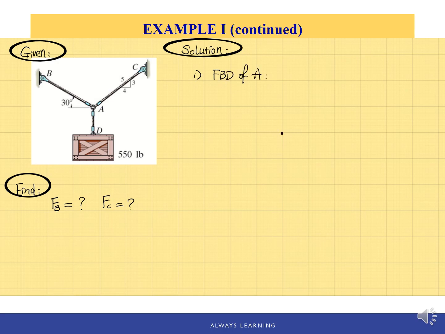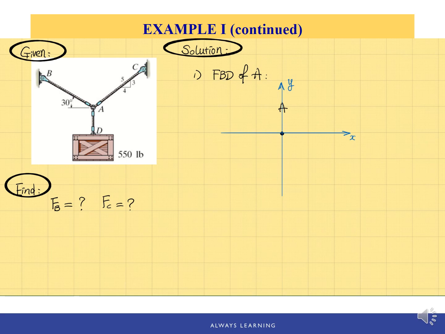We're going to isolate point A and build XY coordinates. Then we're going to show all of the external forces with their magnitude and orientation, or with their name and orientation if we do not know the magnitude yet.